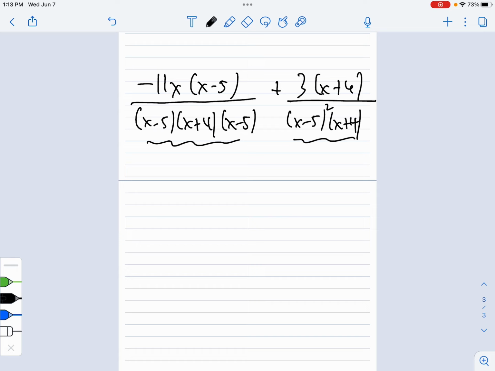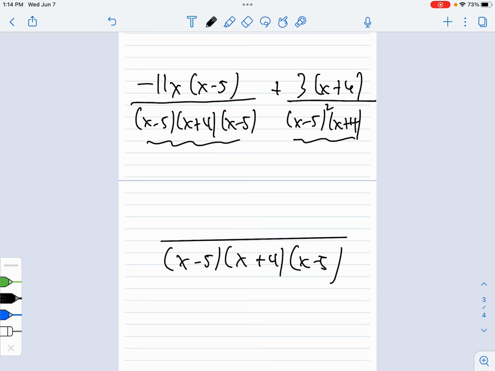I'm going to write them out as x minus 5, x plus 4, x minus 5. Just like when adding fractions with integers, the denominator stays the same, but you add the numerators, so the numerators will be added together.